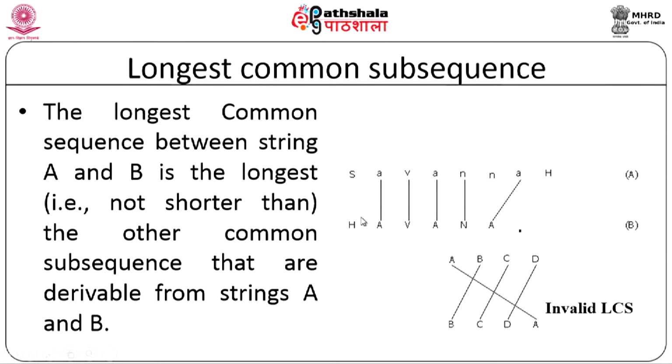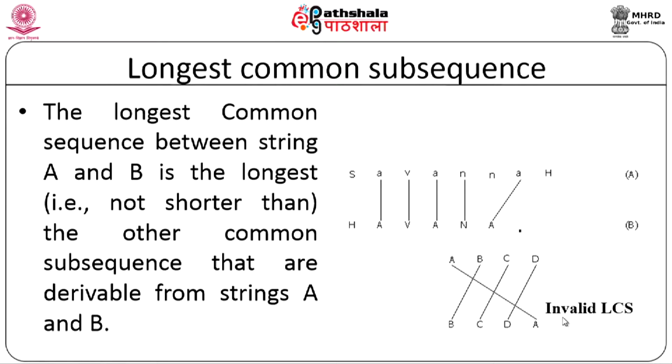You can see that the order is maintained and there is no overlapping. For example, in this particular example there is a match between A and A, but it is out of order. So, informally, in layman's terms, there is a crossing of the relation, therefore this is not a valid LCS.